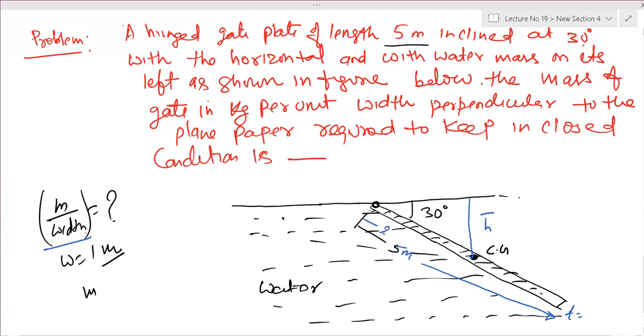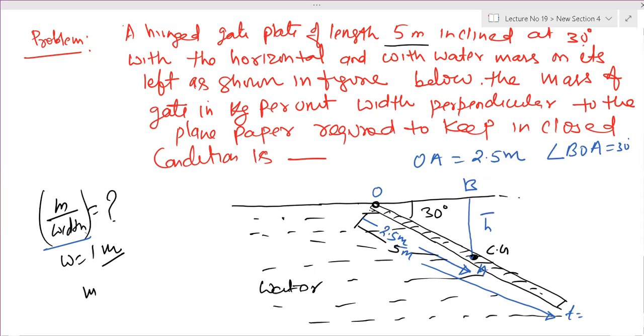This is 2.5 meter, half of the length. Let me name the points O, A, B. In triangle OAB, OA is 2.5 meter and angle BOA is 30 degree.